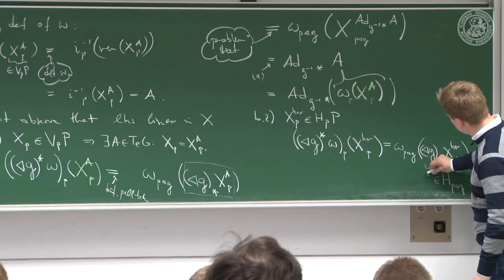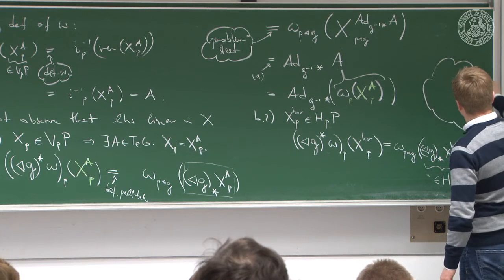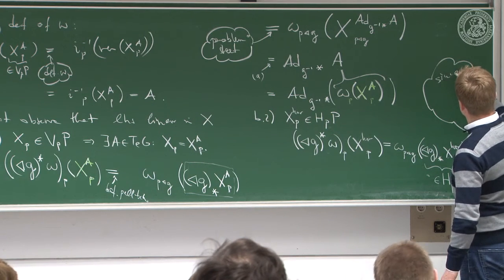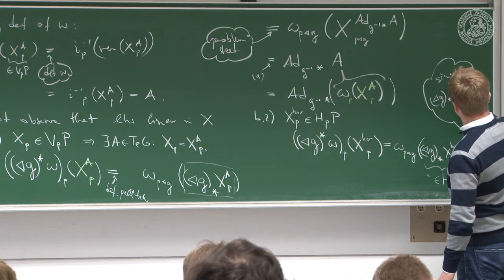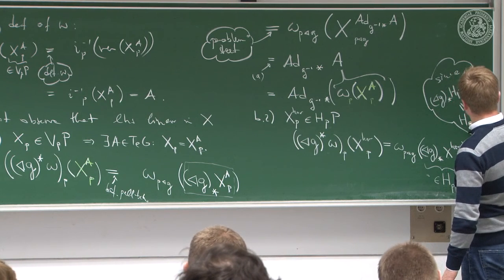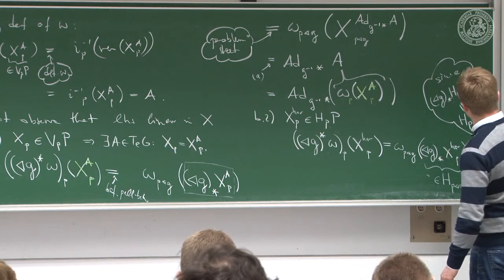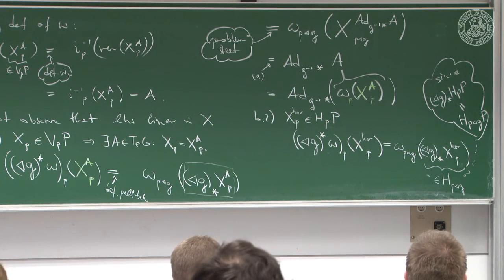Well, since the push forward of the entire horizontal subspace at P is the horizontal subspace at the point P acted upon from the right by G. That was one of the properties of our choice of HP.